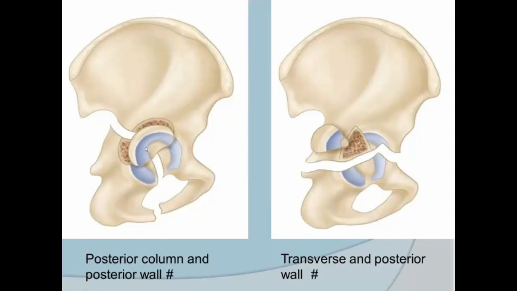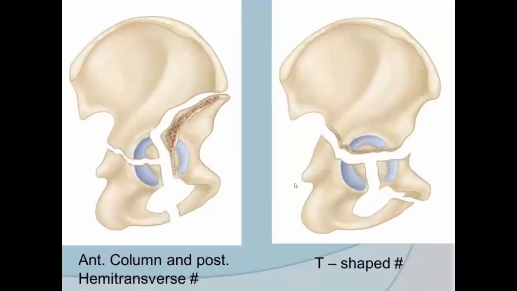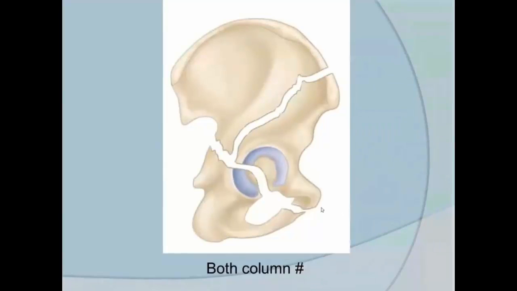See the wall and the column, the transverse and the posterior wall, the anterior wall and the hemitransverse. It's sort of a T-shape. This is the proper T-shape. And the bicolumnar fracture involves the full length of the posterior column and the full length of the anterior column.